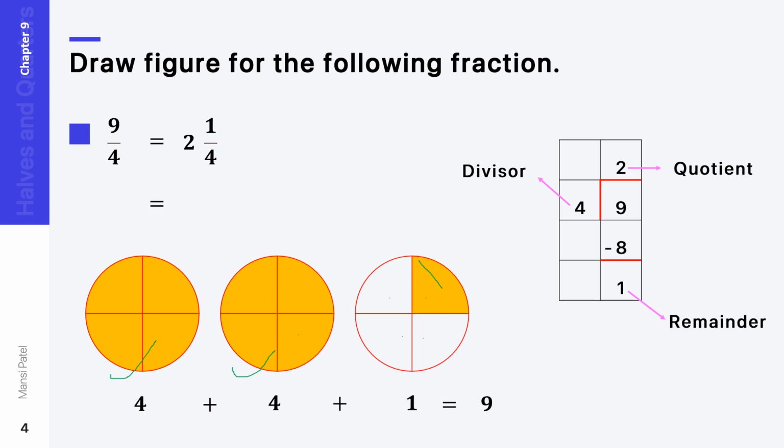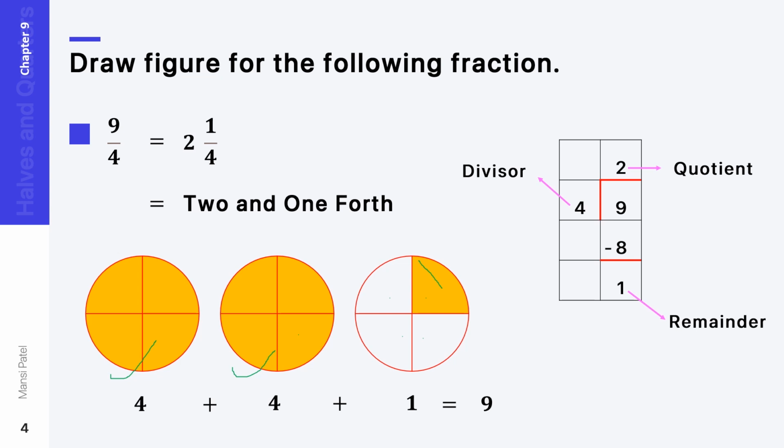What is the number name for this? If you want to read this mixed fraction, then we can read it like this: 2 and 1/4. What do we have to read? 2 represents the whole number. If you want to read any mixed fraction, first you have to read the whole number. In this, what is our whole number? 2 is the whole number.